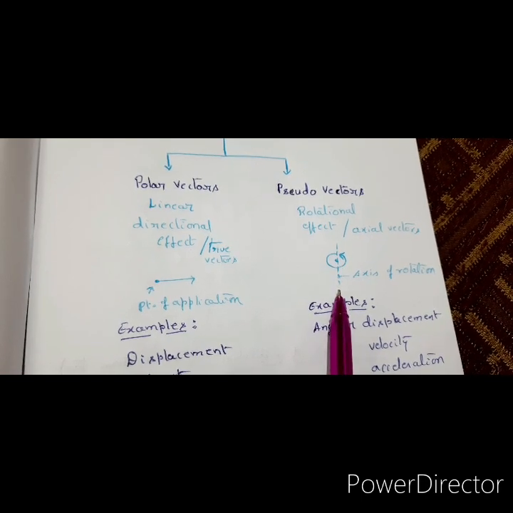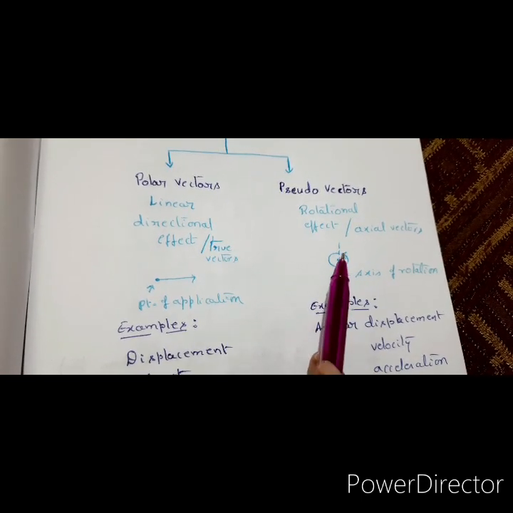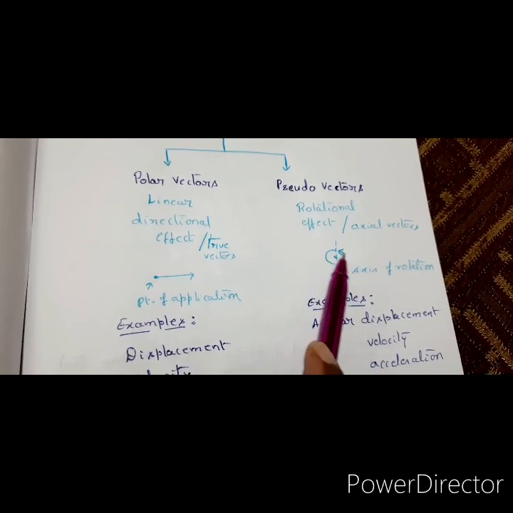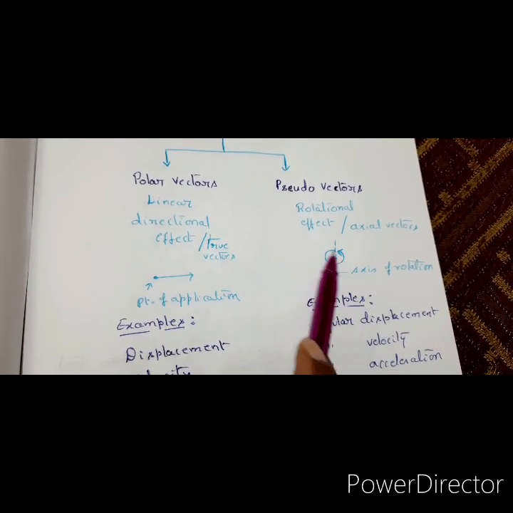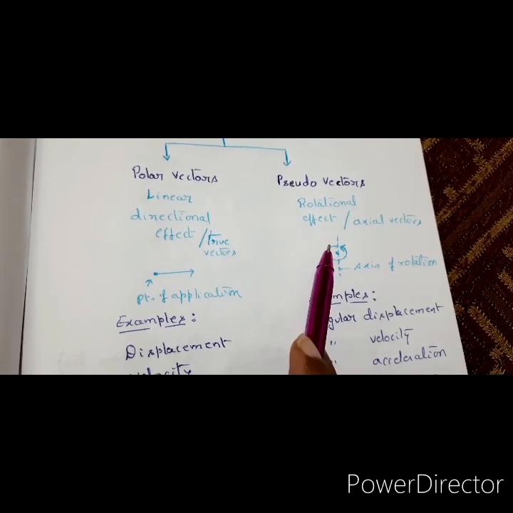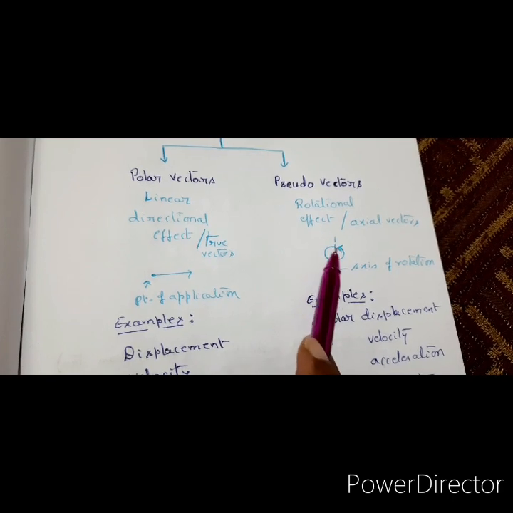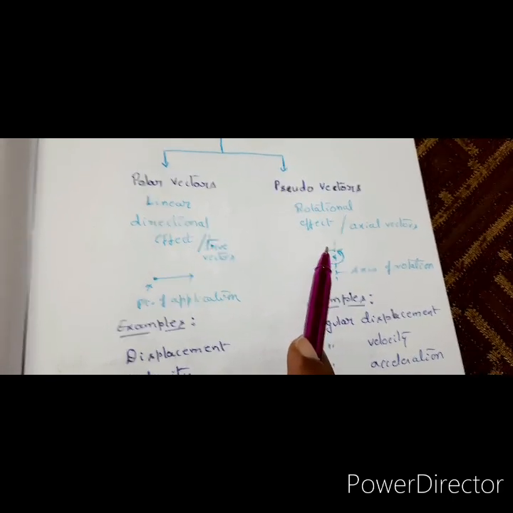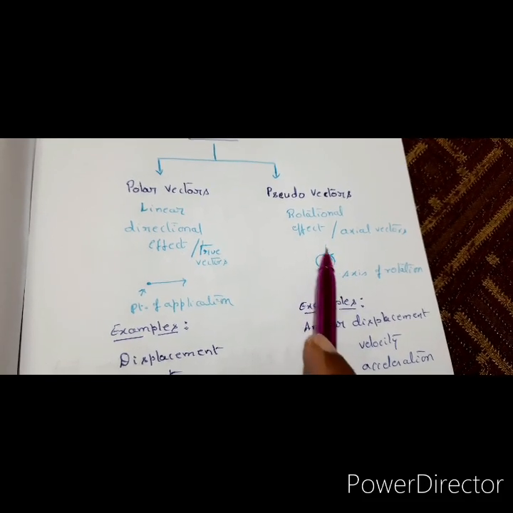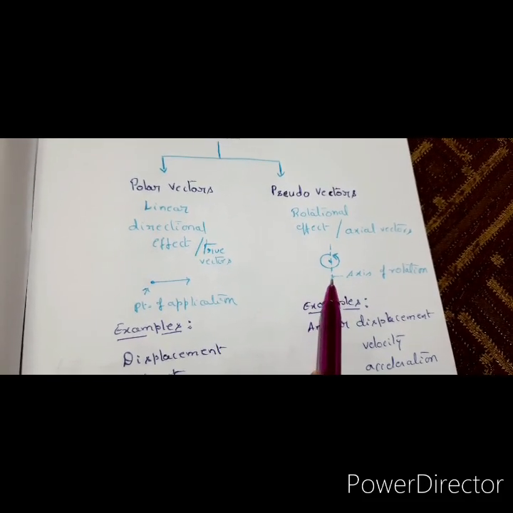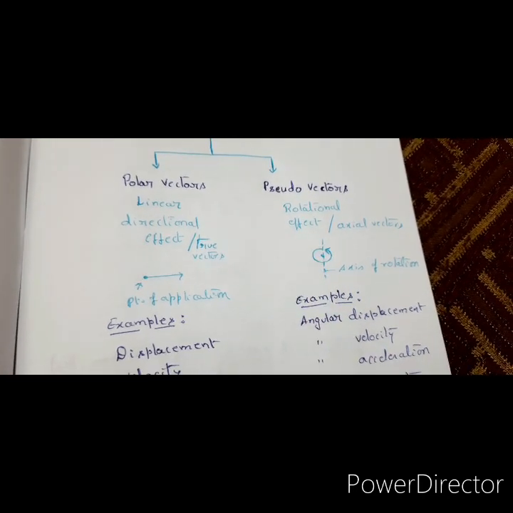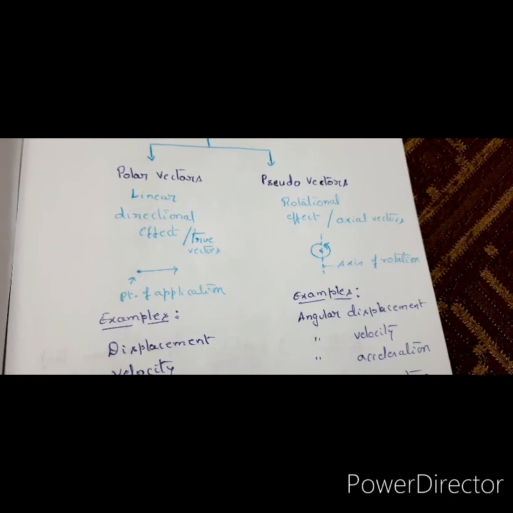If you talk about a polar vector, which is a linear velocity, this acts along the tangent drawn to this circular path, right? And this is having a linear direction. Whereas when the body is in a rotational motion, the pseudo vectors act along the axis of rotation.